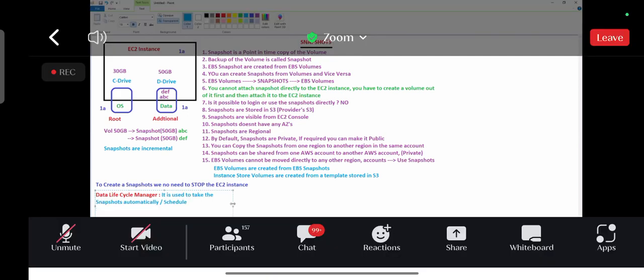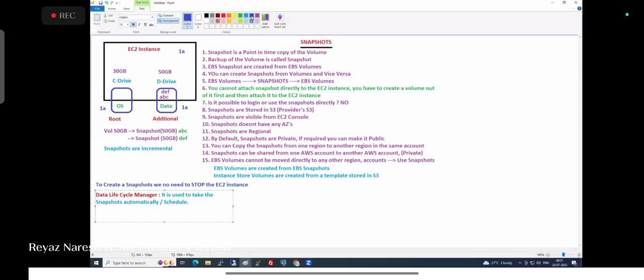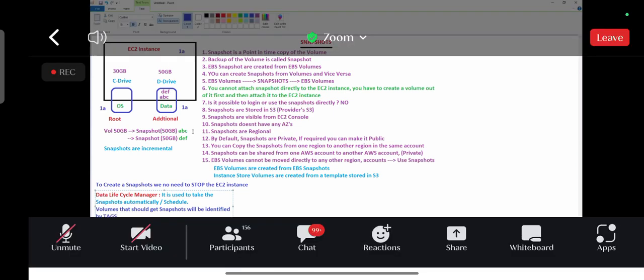Yes, tags can be changed or renamed, and the volumes that should get snapshots will be identified by tags.